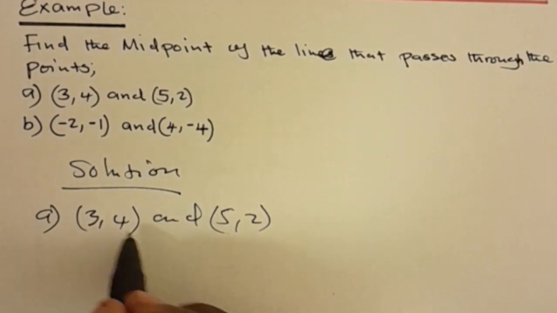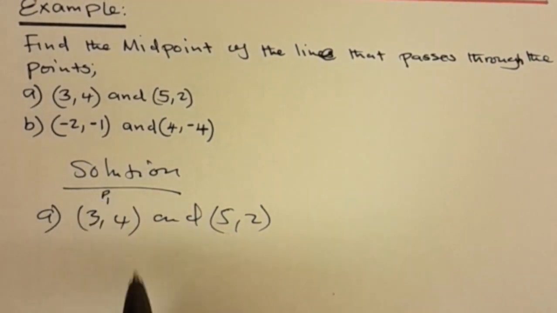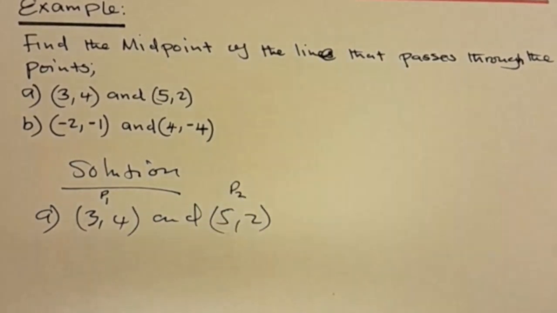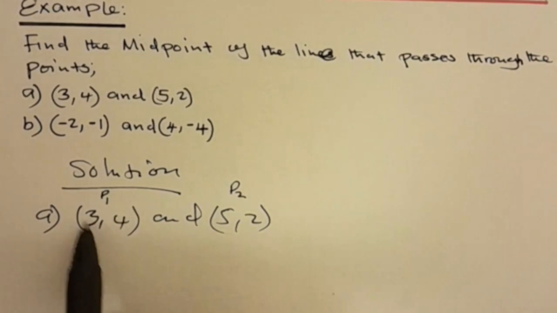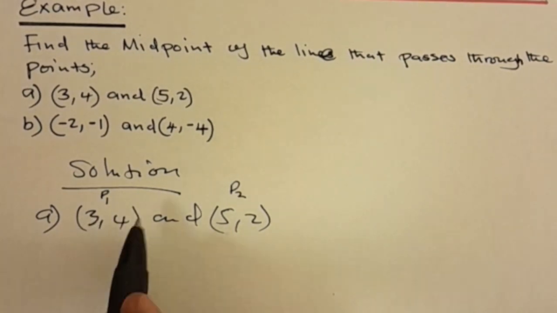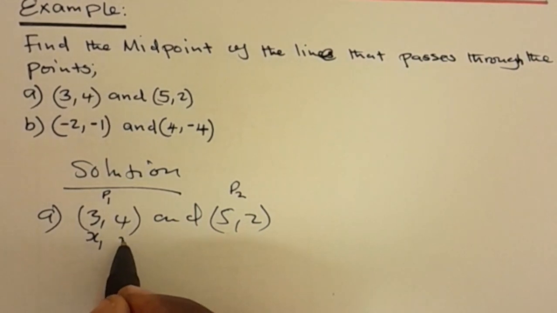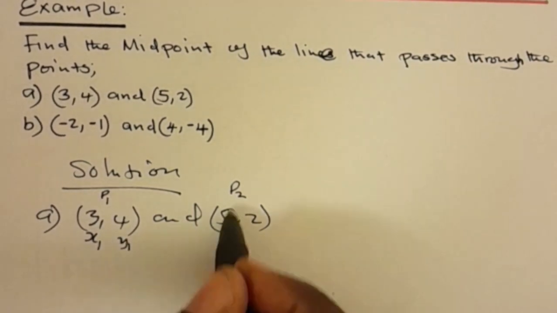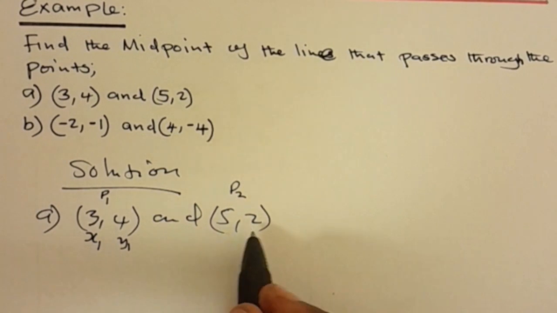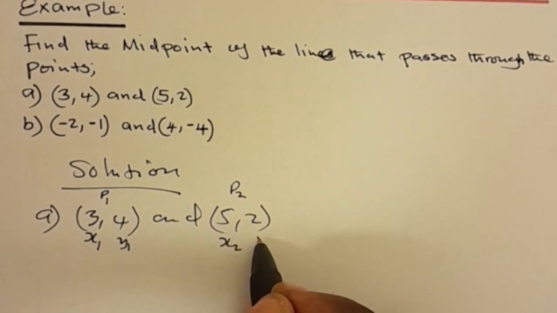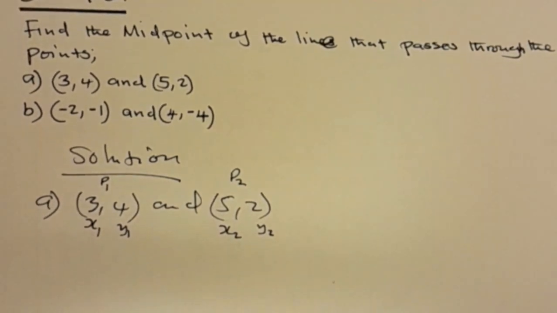So in this case, I'm going to say this is point number 1, and this is point number 2. Because I say this is point number 1, it means here I have x1 and y1. Here, since I said this is point number 2, I'm going to say this is x2 and y2, like that.